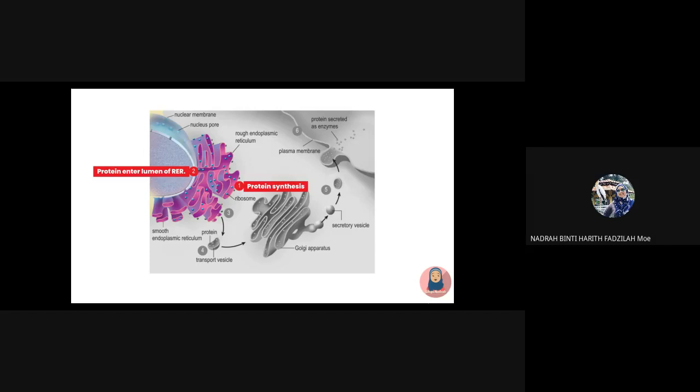Sebab ribosom baca maklumat genetik, kemudian dia akan tahu, okey, mula-mula kena untuk buat amylase ada asid amino A, asid amino C, asid amino F dan asid amino G misalnya. So at the end of translation, ribosom sudah menghasilkan protein.